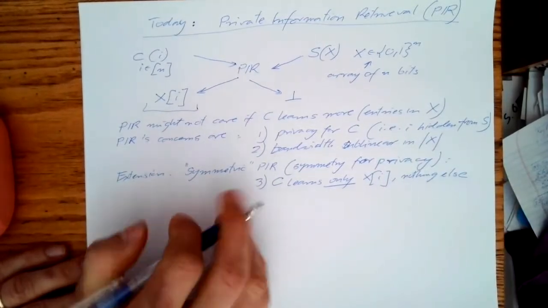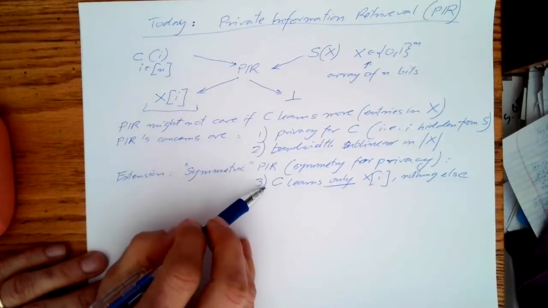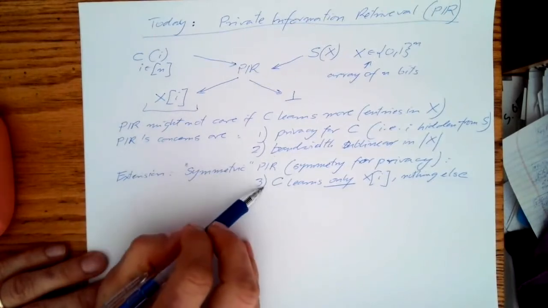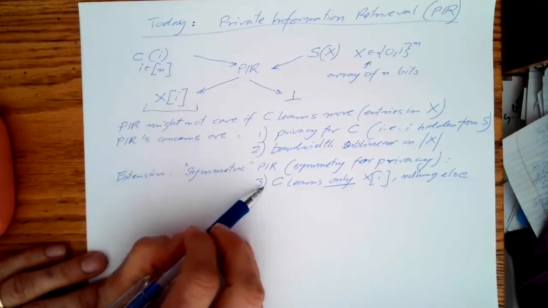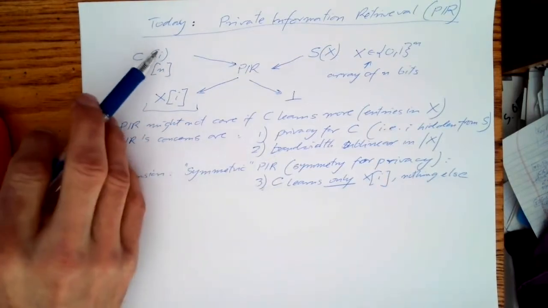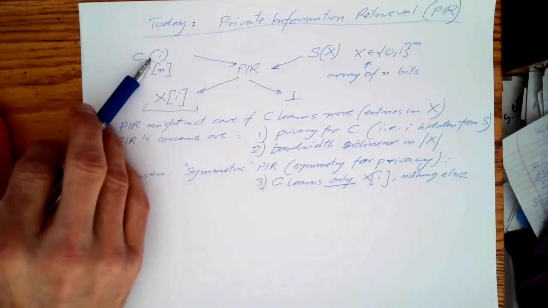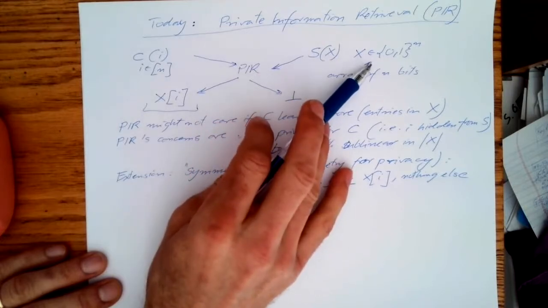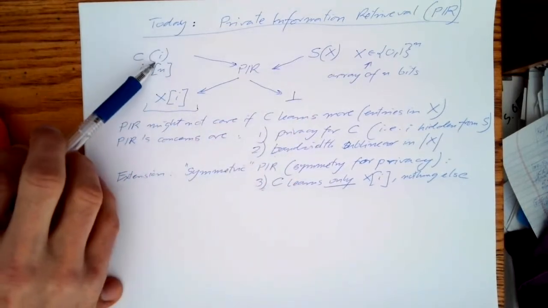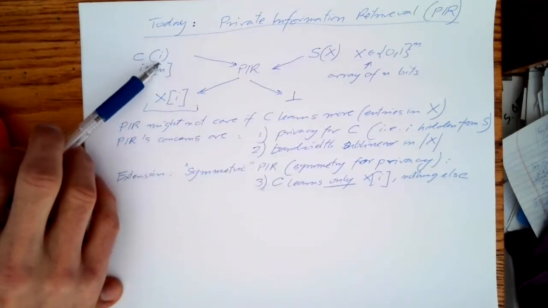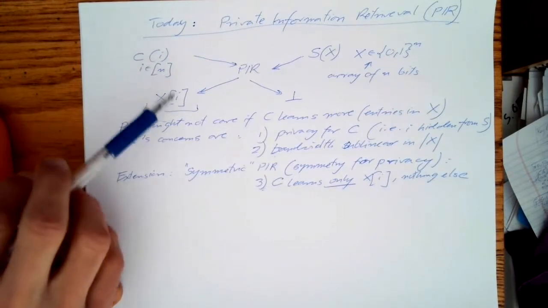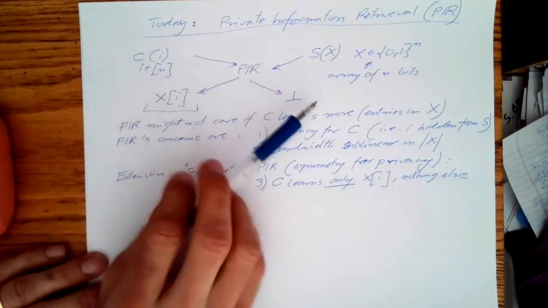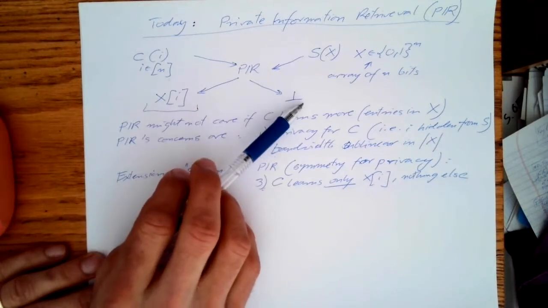So once you specify this symmetric PIR, what's the difference between it and OT, right? So this is 1 out of n OT. This guy has n messages. This guy has an index of the message, the one message out of n that he wants to retrieve, and he retrieves that one. The sender doesn't know which one.